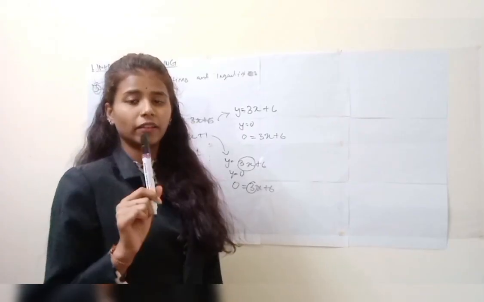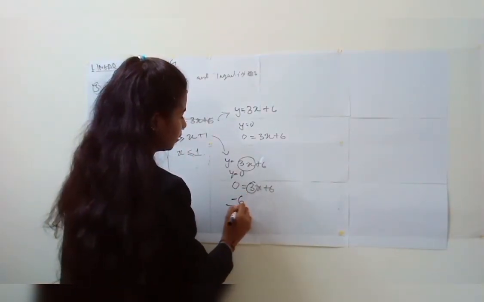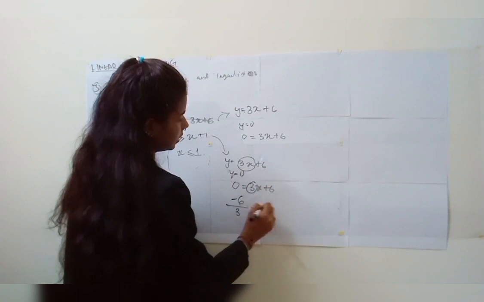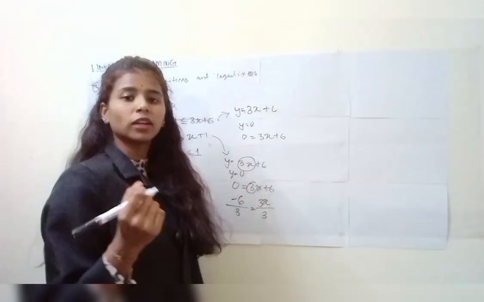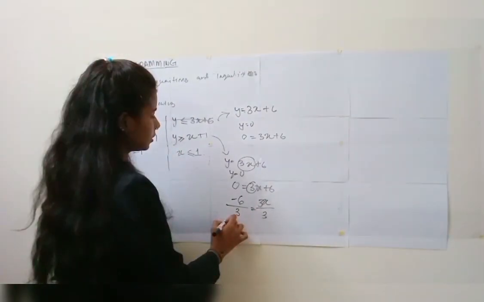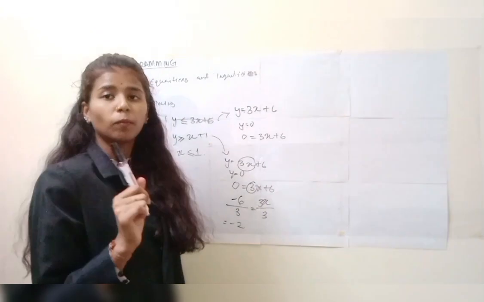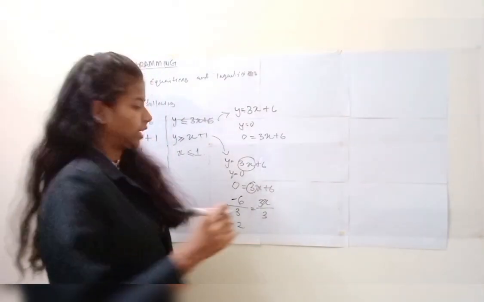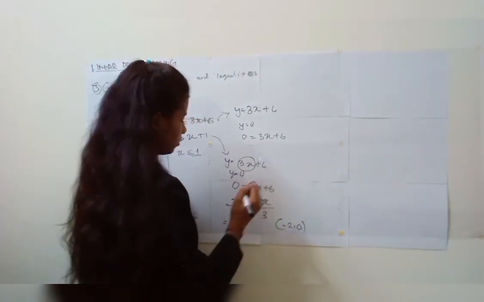Okay, we must divide the solution first, which is negative 6 divided by 3, and then it's equals to 3x divided by 3. So the answer for this one is minus 2. And then the coordinate we must plot the graph is negative 2, 0.